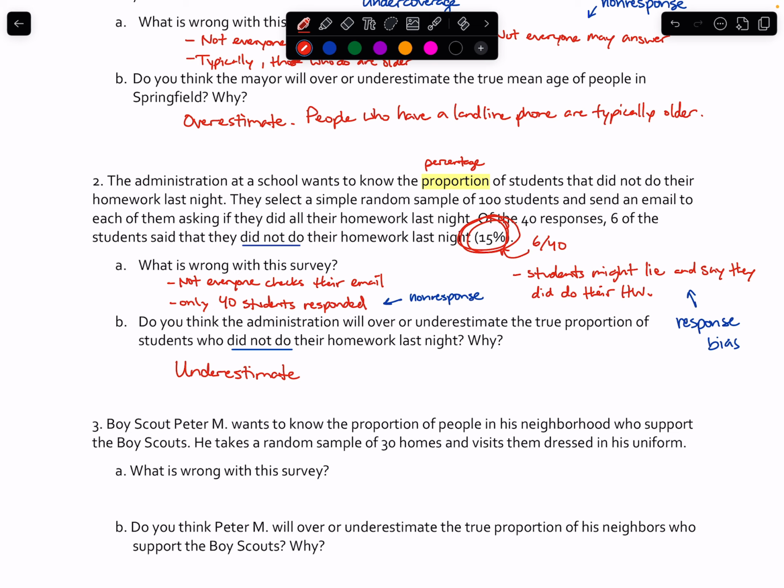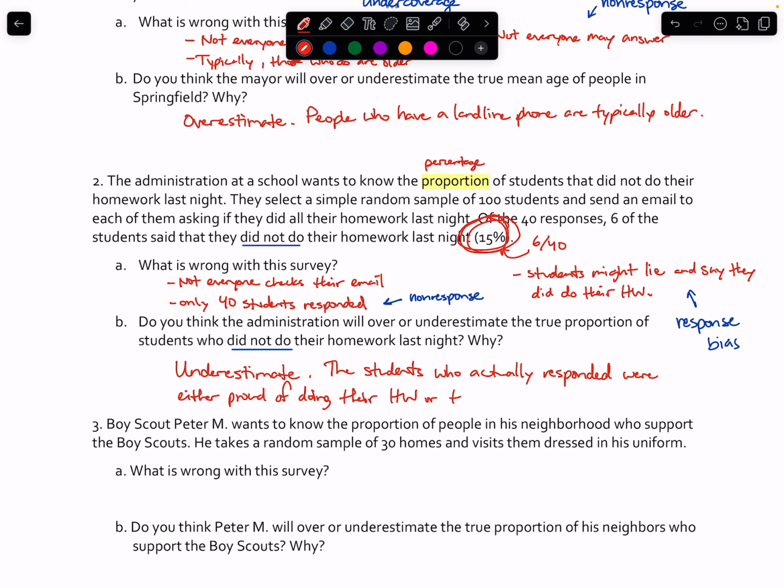Well, again, the students who actually responded were either proud of doing their homework or they lied.